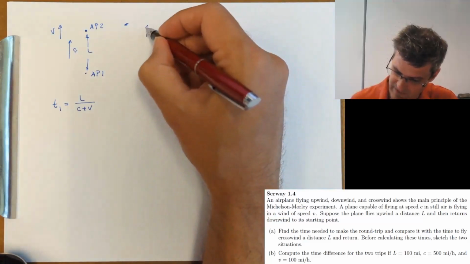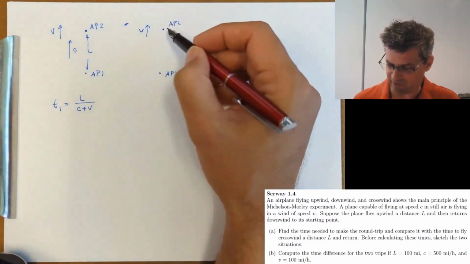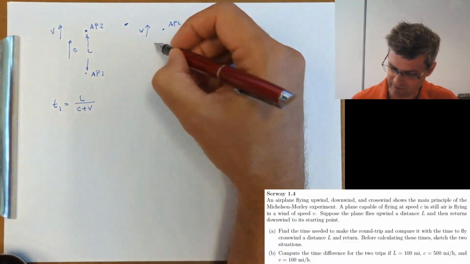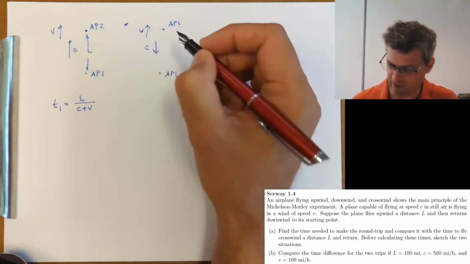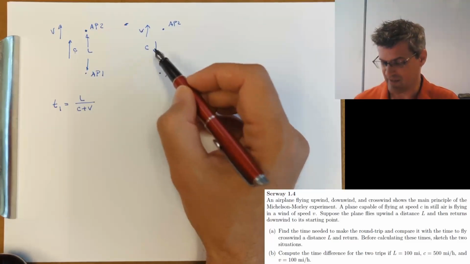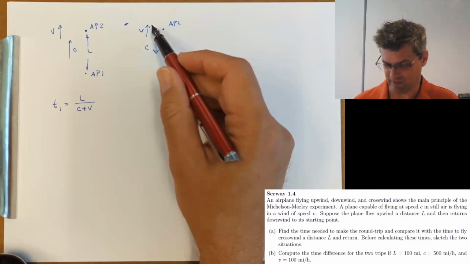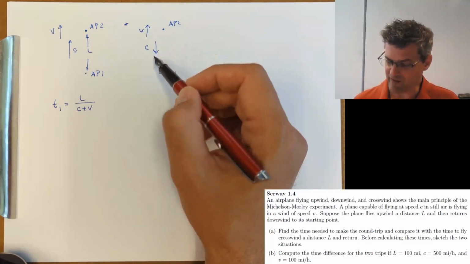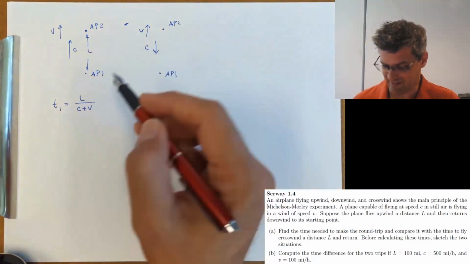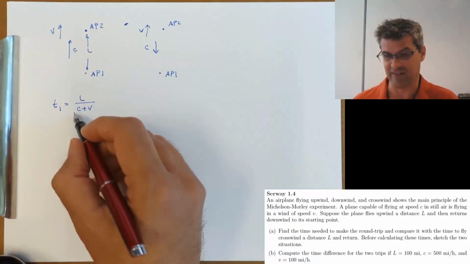Okay. Now, let's say it's the same windy day. And we still have the wind going at v. But now I want to fly from airport 2 to airport 1. Now the speed of my plane with respect to the air is this c, but the speed of the air with respect to the ground is this v. My velocity is going to be v minus c.